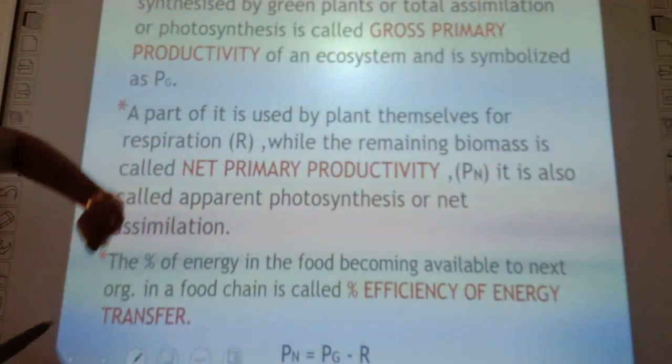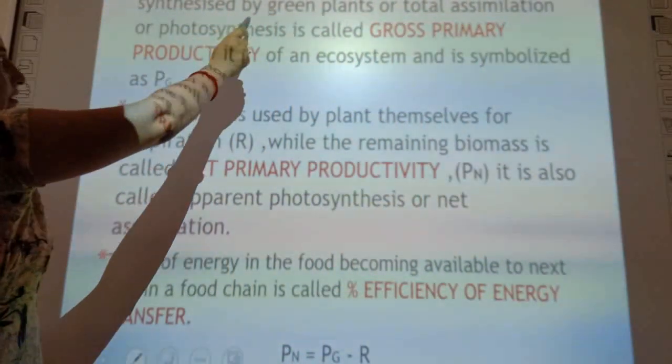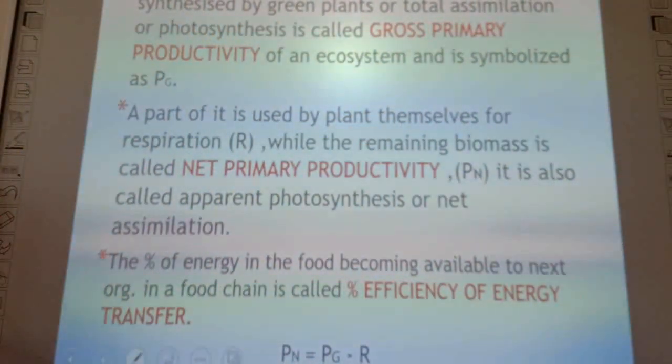The total energy stored in the food material synthesized by the green plant, or total assimilation or photosynthesis, is called gross primary productivity, and is symbolized by PG. This PG is gross primary productivity.